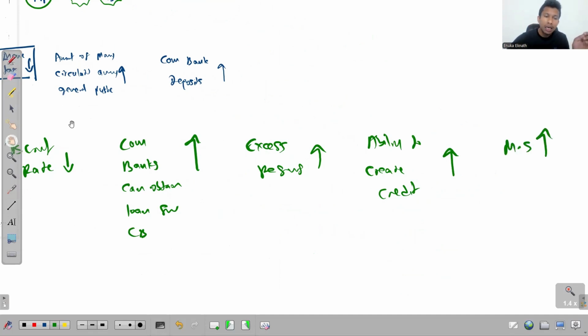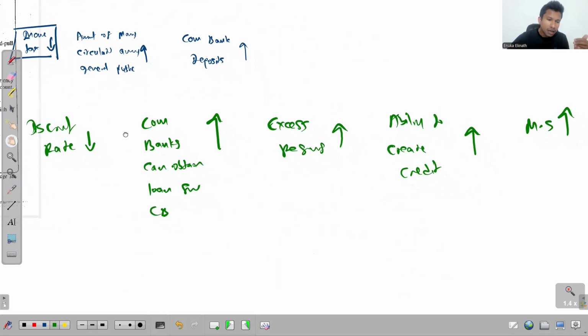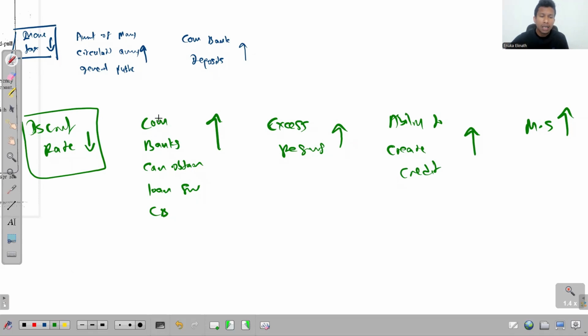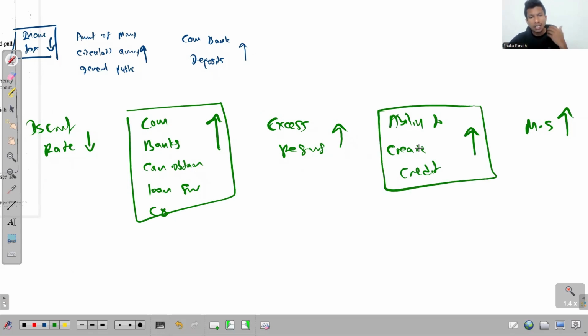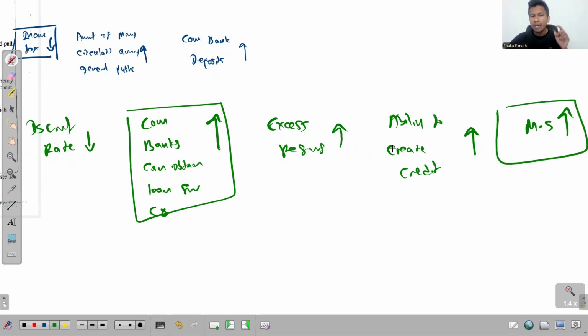Even the money supply increases. So look at this sequence. The first one, discount rate decreases. As a result, commercial banks can obtain more and more loans from the central bank at a lower cost, so that their excess reserves will increase, which means their ability to create credit increases. And when more and more credit is created in the economy, money supply will obviously increase.